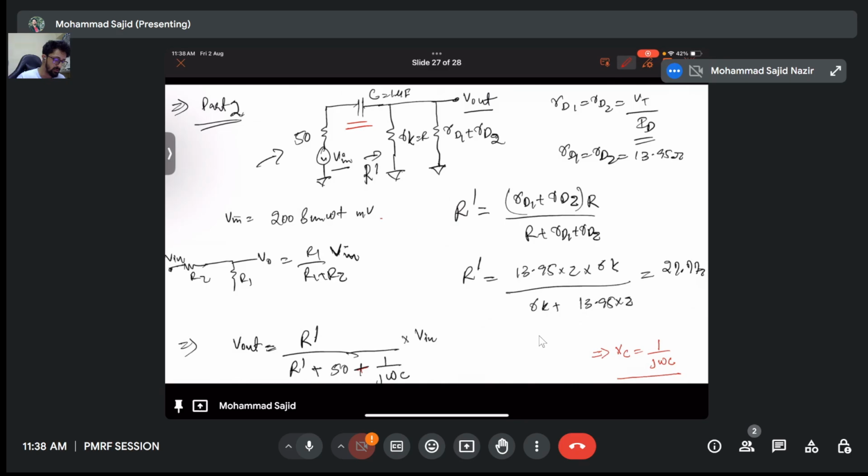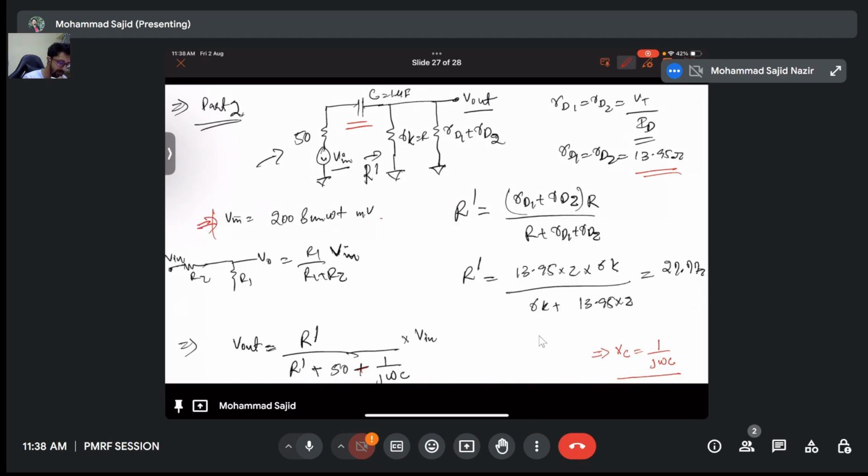First, we will draw the equivalent circuit. This is the capacitor, 6 kilo ohm resistor, RD1 plus RD2. This is VT by ID. RD1 is equal to RD2, which is 13.95 ohm. And this is V input.